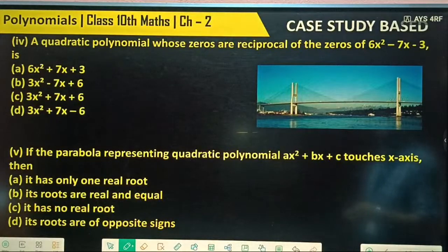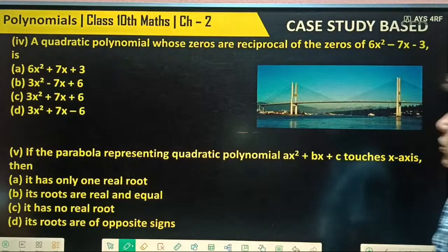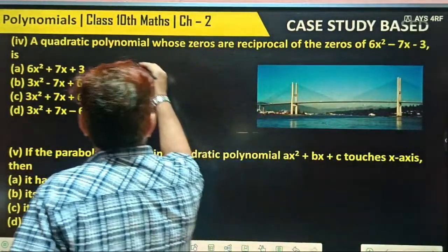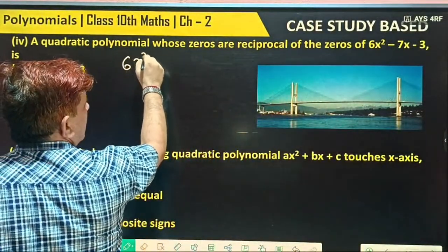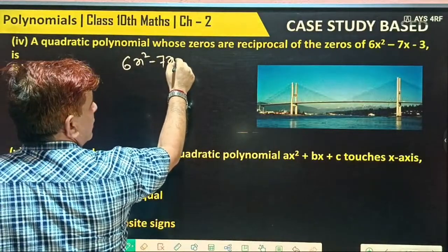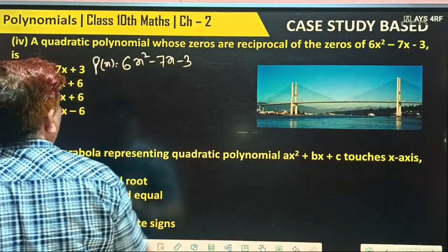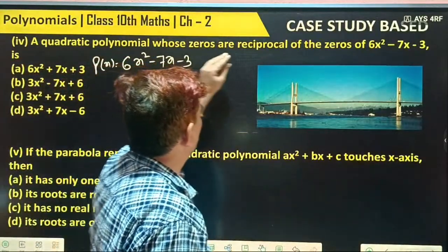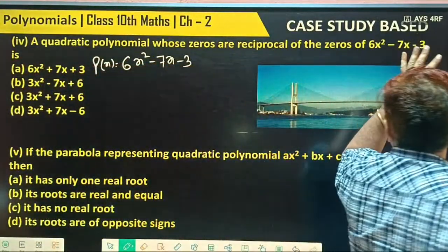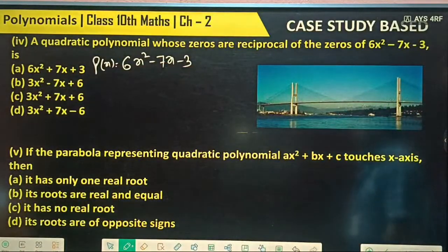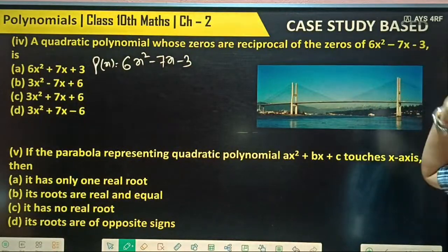Question 9: a quadratic polynomial whose zeros are reciprocal of the zeros. This I already told you, you can write directly. 6x square minus 7x minus 3 is the polynomial p(x), and you have to write a quadratic polynomial whose zeros are reciprocals of the zeros of this given polynomial.